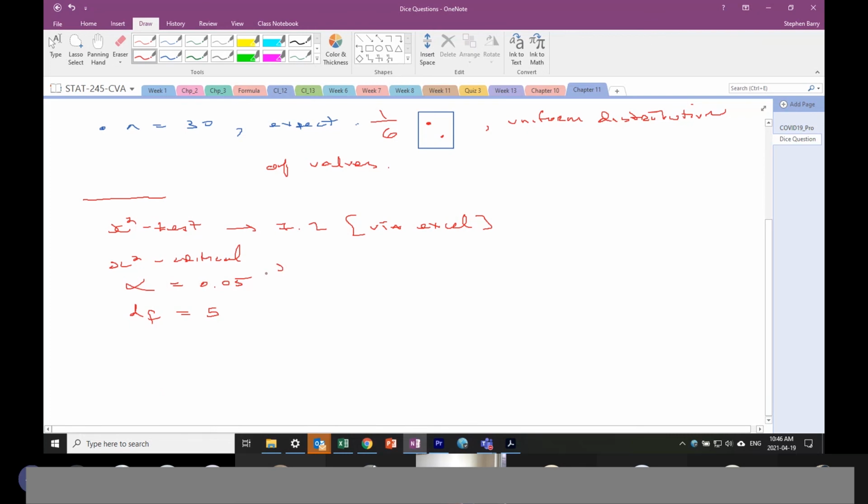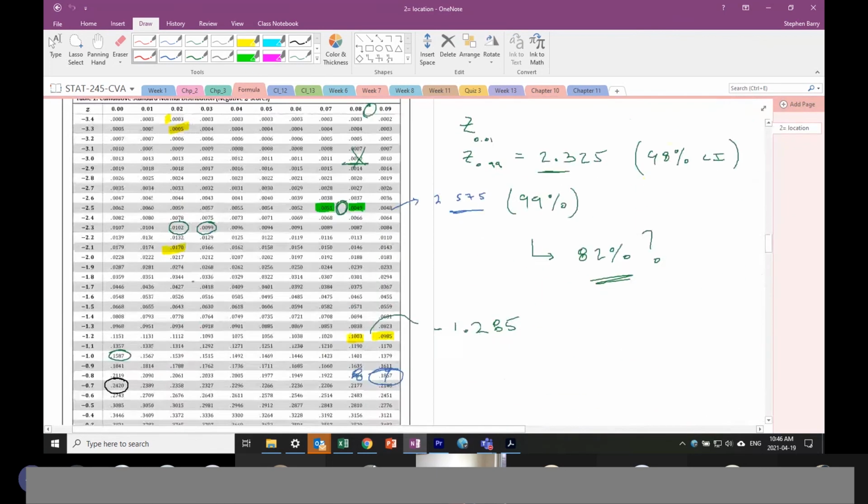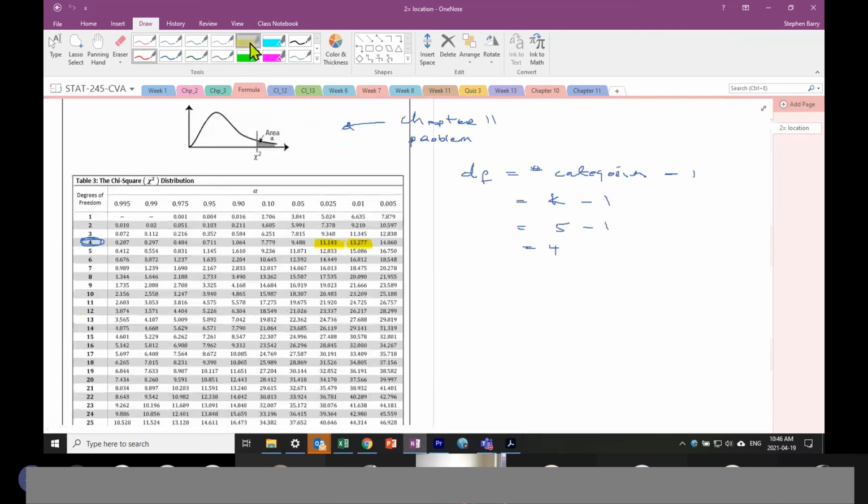I just chose this randomly. Use table 3 in your booklet. So let's go 5 degrees of freedom, 0.05: 11.07. And so here's an example where I cannot reject the null hypothesis.